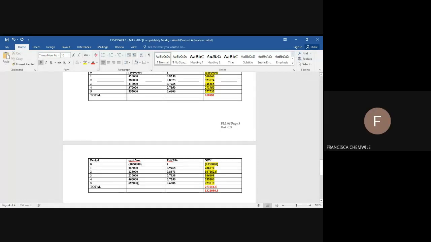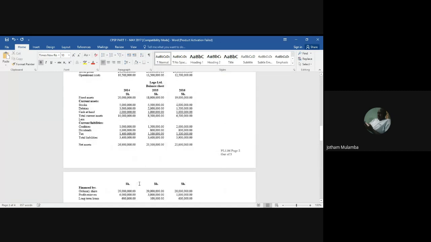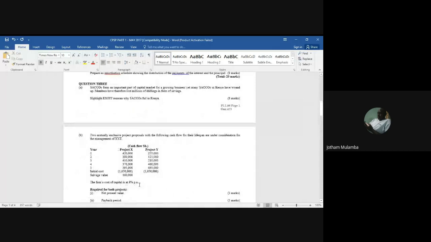Project X. The reason? It has a high positive net present value, higher than Project Y. Once you have done that calculation, you give that decision.